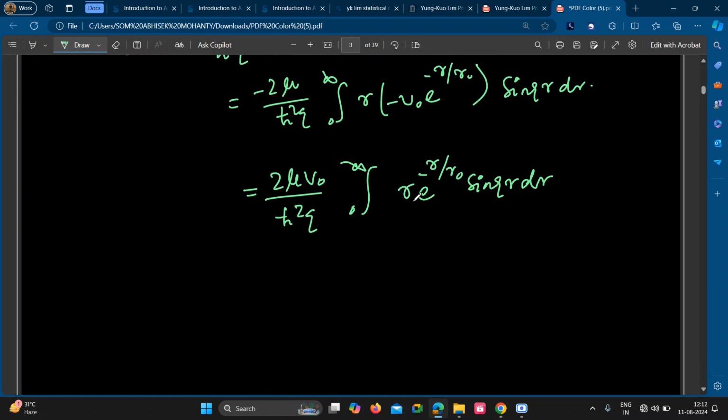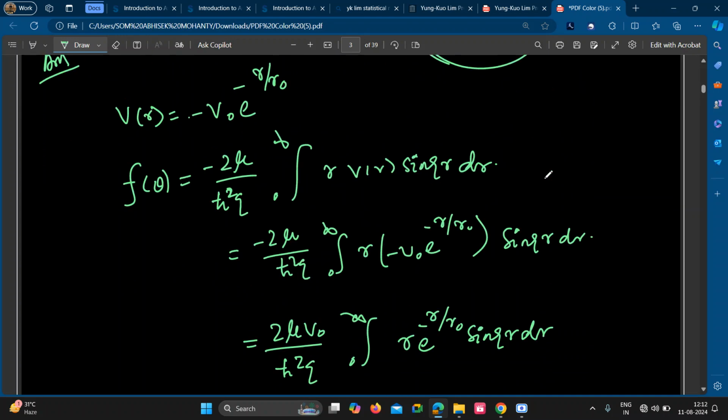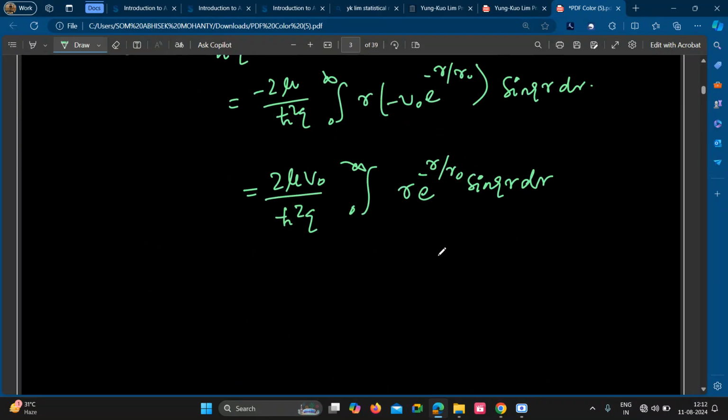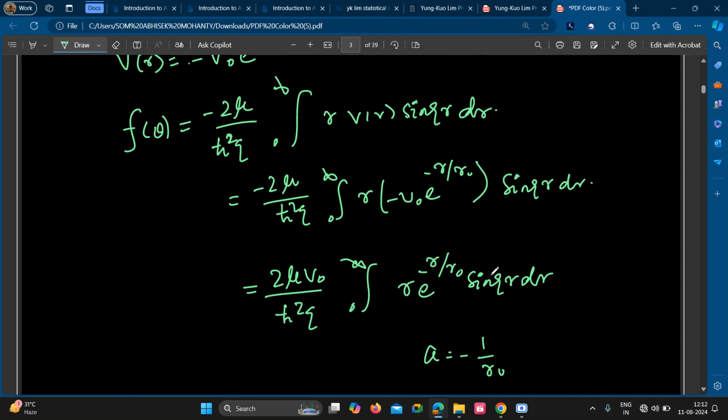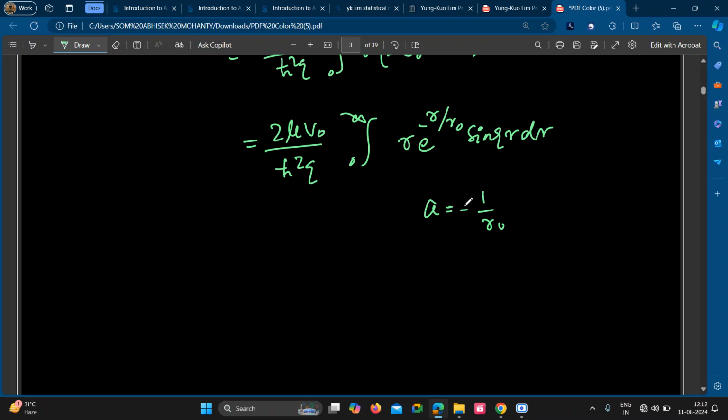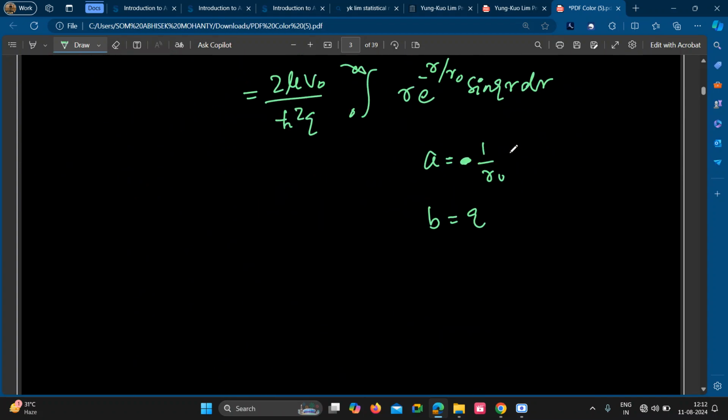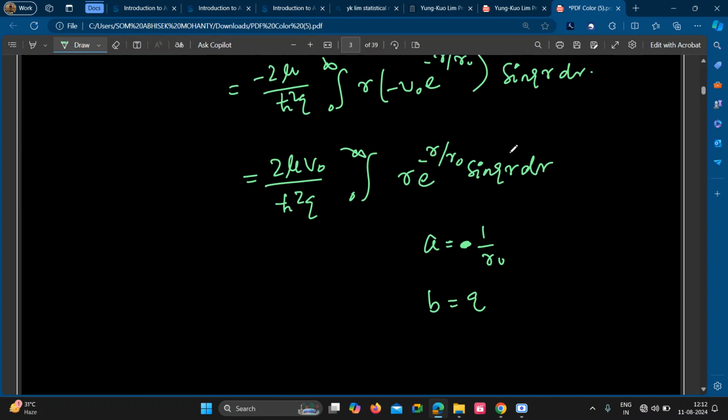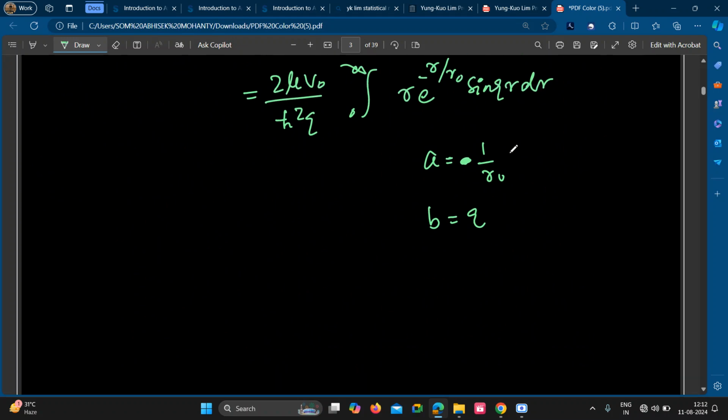Here r is x, so a is 1 by r naught, because minus ax is there, and b is q, because here this is sine bx. So we'll just put the direct formula 2ab by (a squared plus b squared) whole squared.